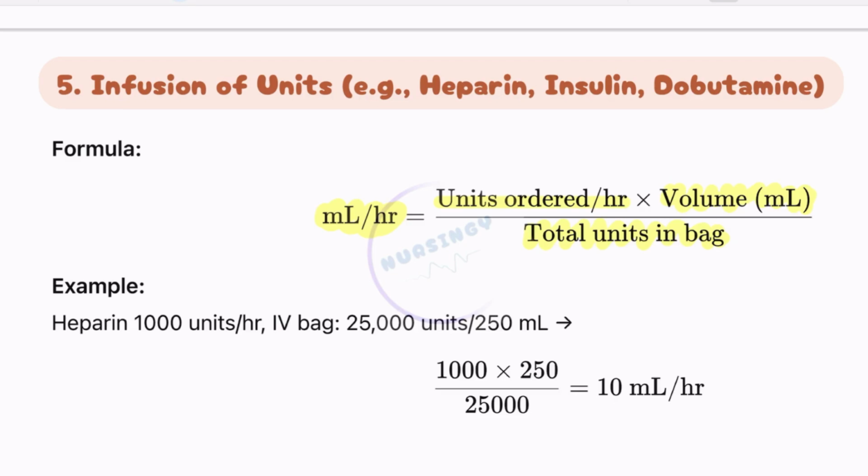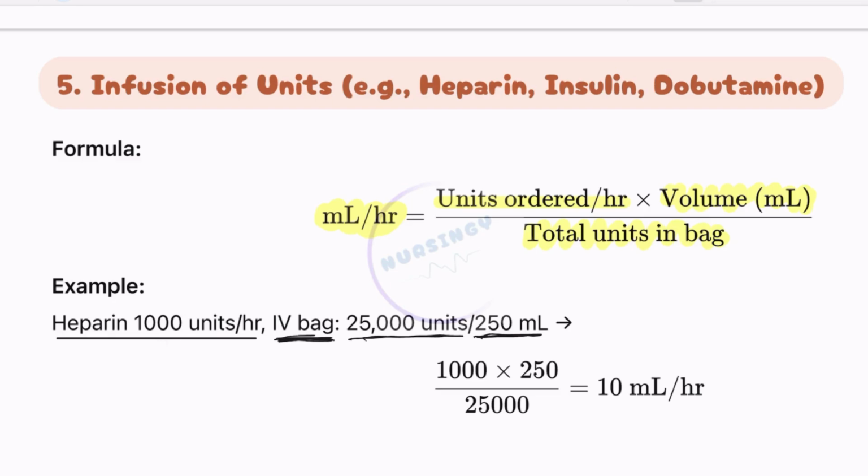So let's do the example. If we have a heparin order of 1000 units per hour, that's our order. Then we have the IV bag. What is available to us? We have 25,000 units in a 250 ml bag, but we need only 1000 units per hour.